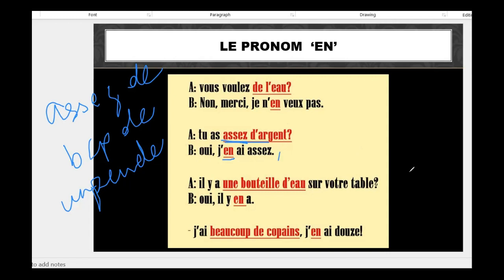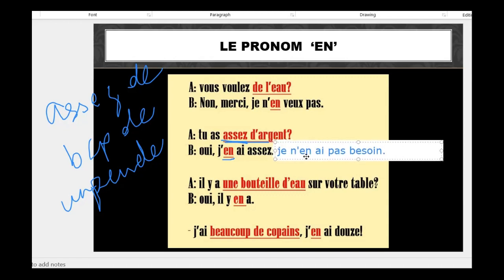Now there is also avoir besoin de, a B1 expression, but we can say it like this too: je n'en ai pas besoin. I've just added it to extend the sentence.